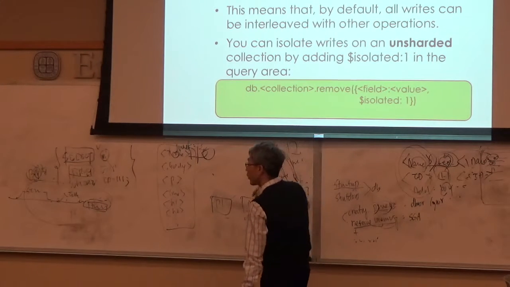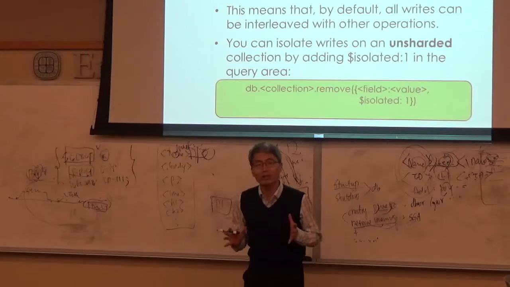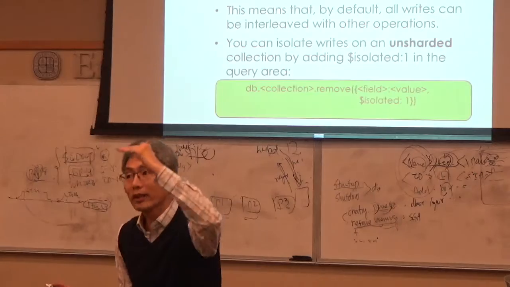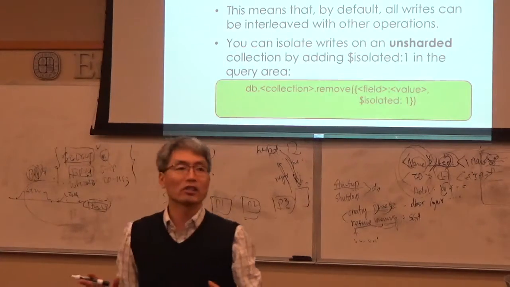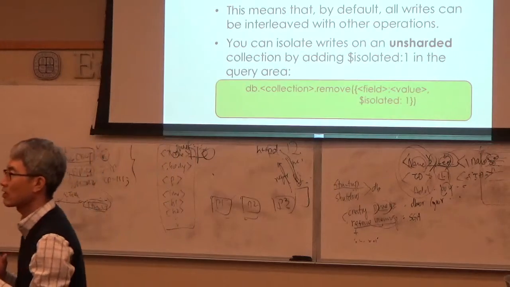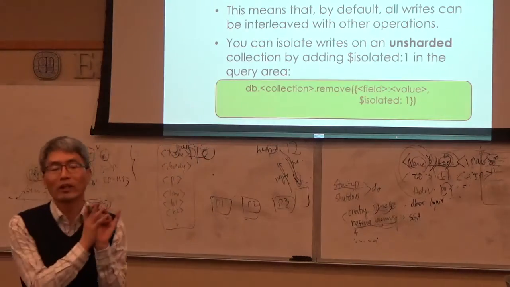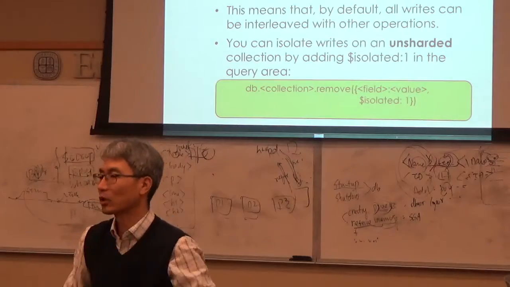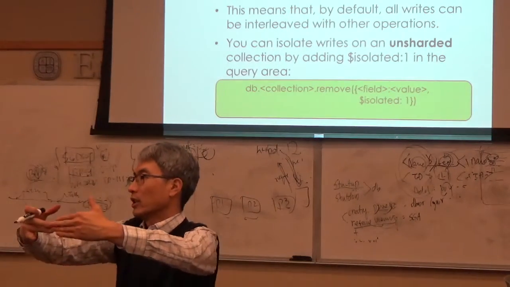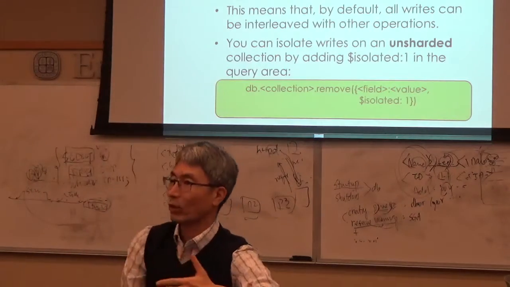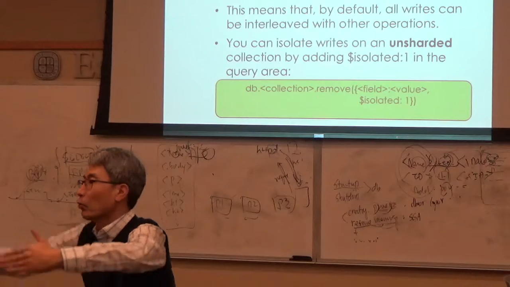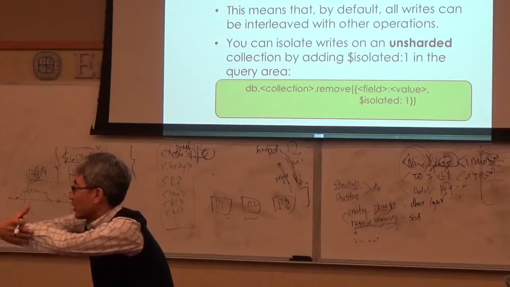For the default isolation level, if you remember the characteristics of a transaction in a relational database, it's ACID. A, atomicity, C, consistency, and D, durability. What is the I? It's isolation, which means when a transaction is running, it's isolated. However, there are different levels of isolation. The highest isolation is, even when I read the data, it's isolated, protected.